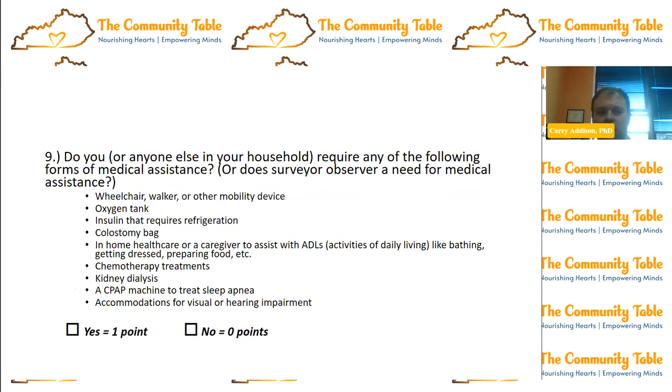And then another area that we wanted to add for medical vulnerability is that a lot of people have medical conditions that require certain forms of assistance, or they have certain things that are very difficult to maintain if you live in a homeless camp or you live in a shelter.